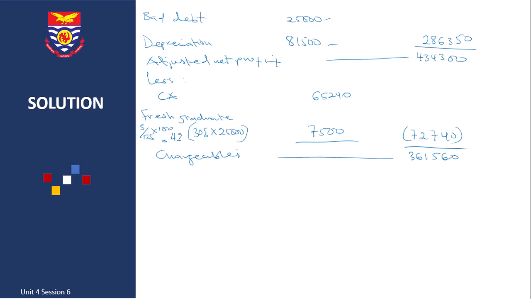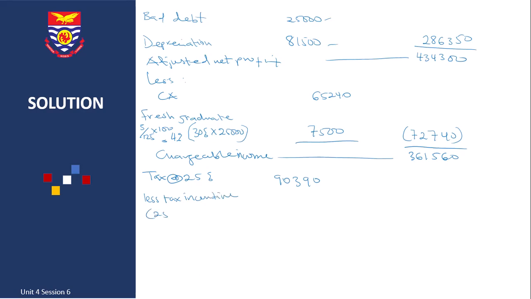Now we're told that it's a manufacturing firm, so it's entitled to some locational incentive, and it is located at Takoradi. So it means that this company is going to pay only 75% of the 25% as tax. So tax at 25%, we are going to get 90,390. So less tax incentive.